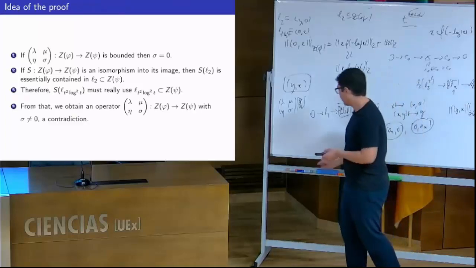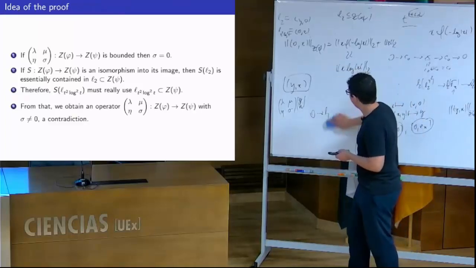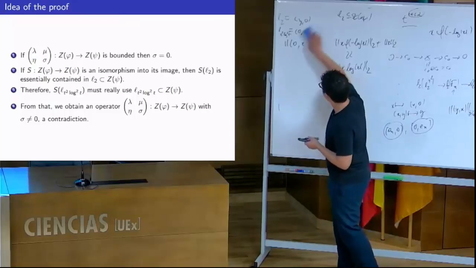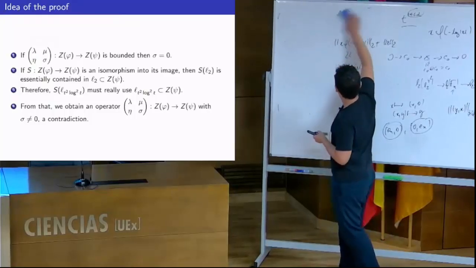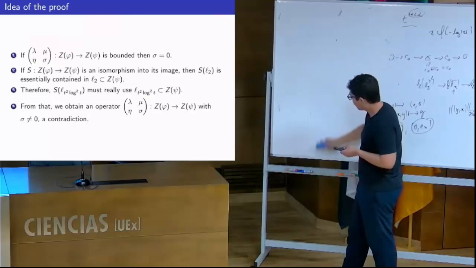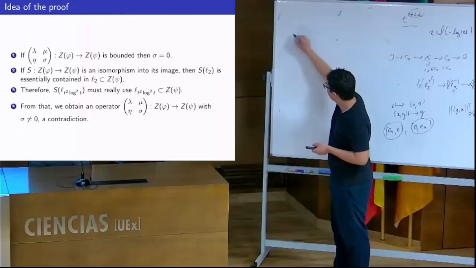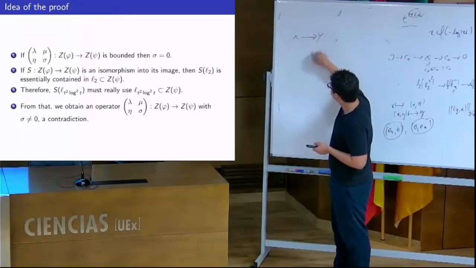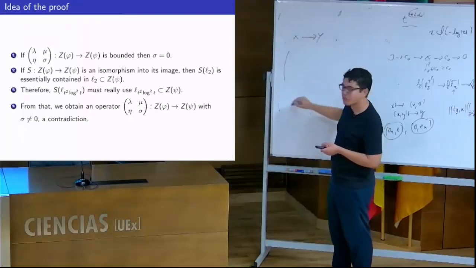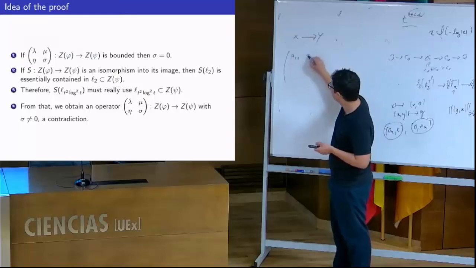And from that, if your spaces had an unconditional basis, suppose you have an operator from X to Y, you could represent it by an infinite dimensional matrix.